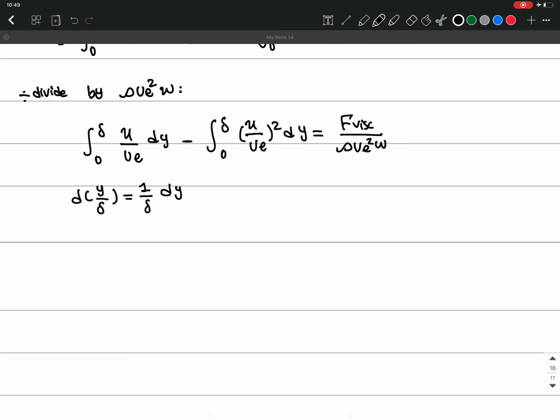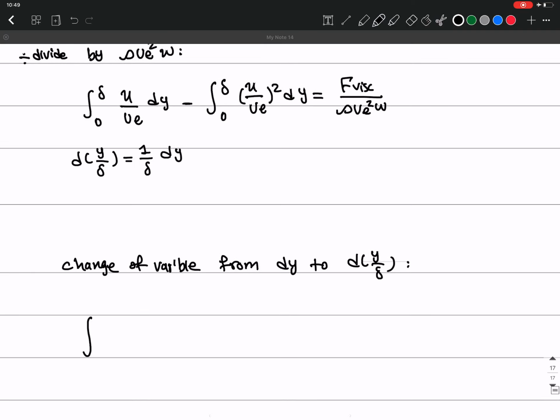So if you change this variable, from dy to dy over delta in the integral, you're going to have this: u over ue, the first one is just 1, and then for the second integral I can just write it as u over ue again here, and then here we have dy over delta instead of dy.